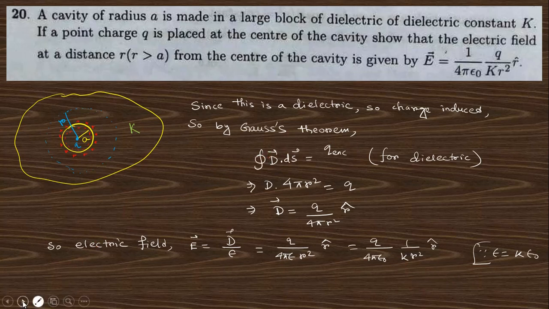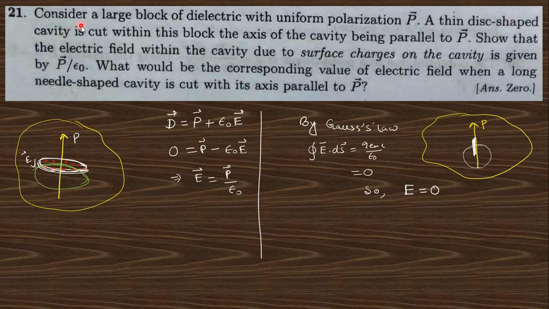Go to the next question, 21, which says consider a large block of dielectric with uniform polarization P. A thin disc shaped cavity is cut into this block. The axis of the cavity is parallel to P. This is P and there is a disc. Find the electric field within the cavity due to surface charge on the cavity.